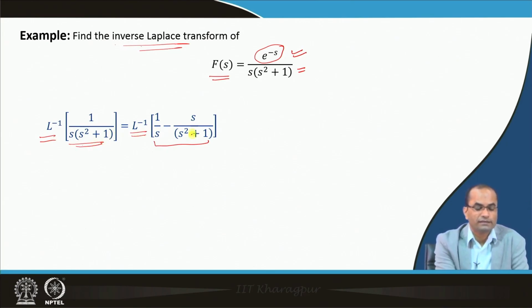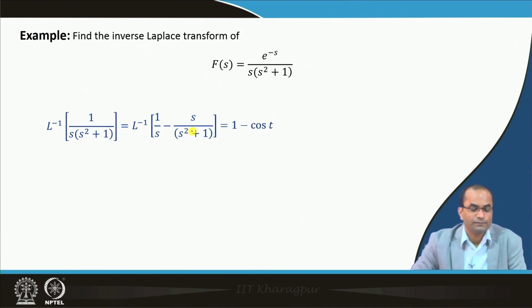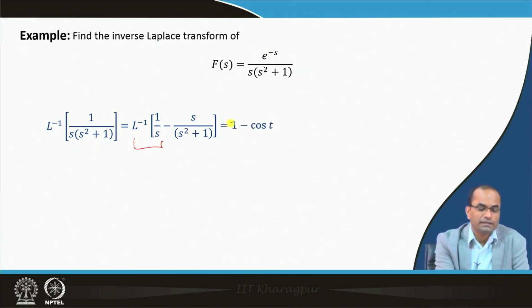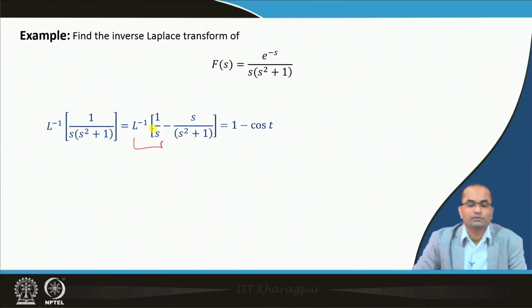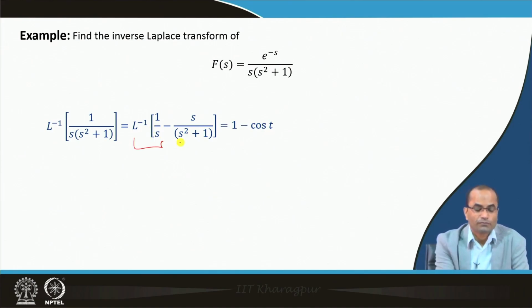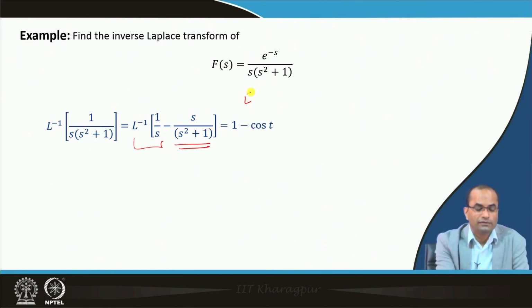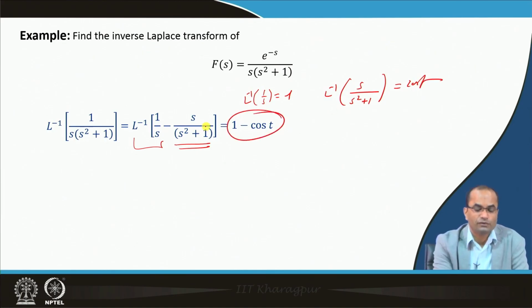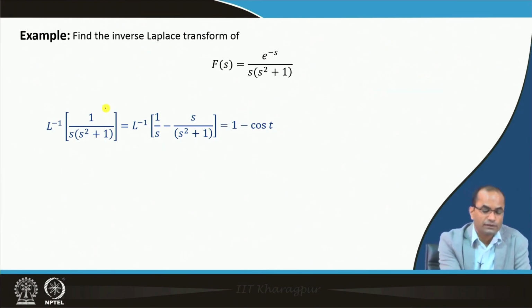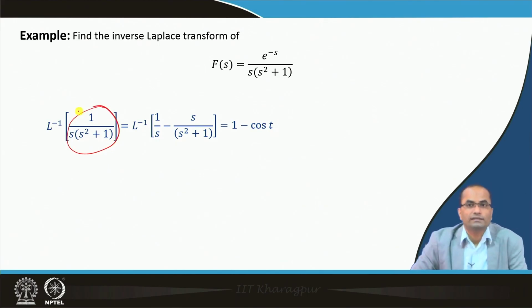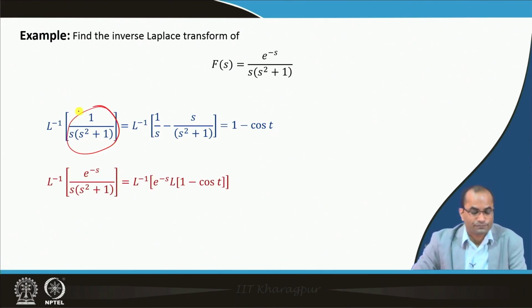So, here 1 over s minus s over s square plus 1 will come, where we can apply the linearity property. So, L inverse of 1 over s, and then L inverse of s over s square plus 1. The L inverse of 1 over s is 1, and the L inverse of s over s square plus 1 is cos t. So, the result of the Laplace inverse of 1 over s(s square plus 1) is 1 minus cos t.